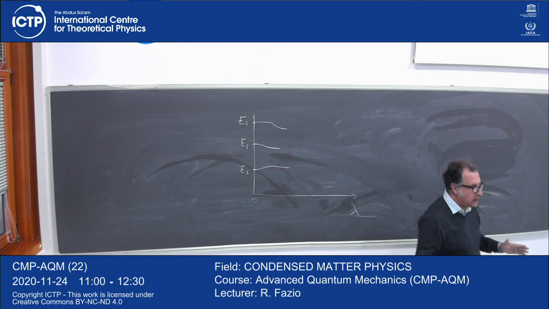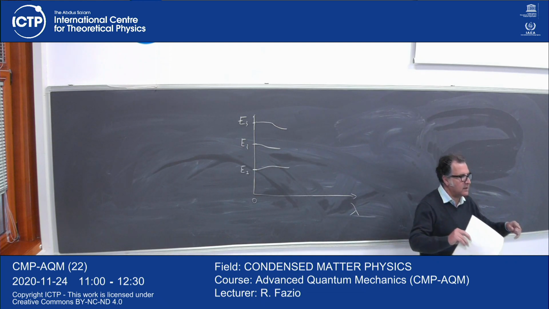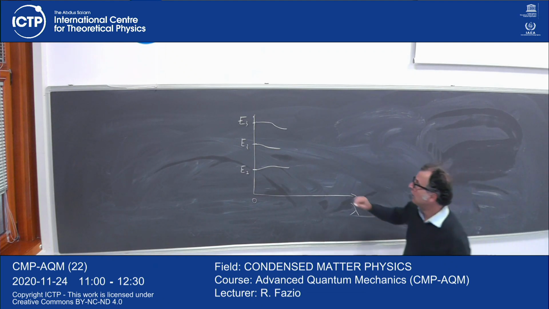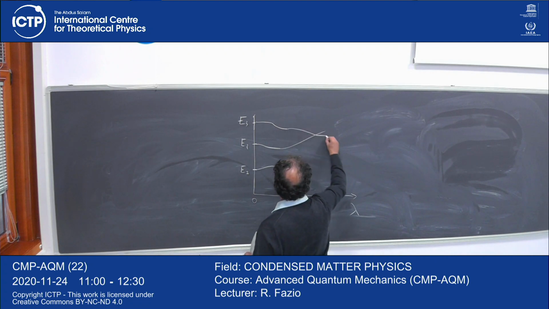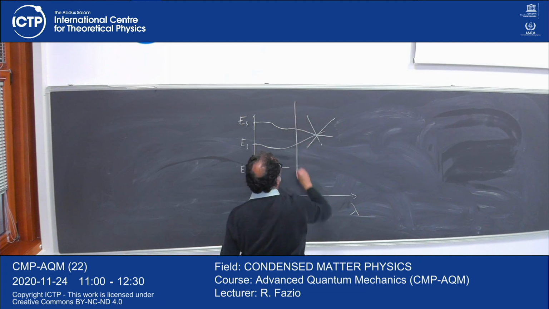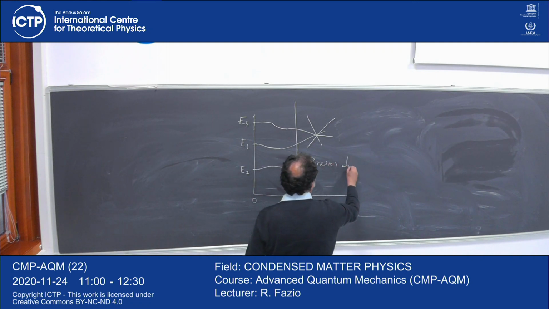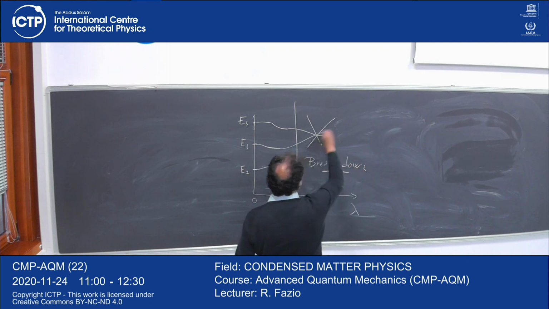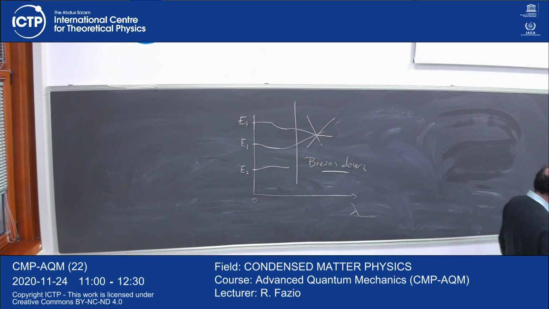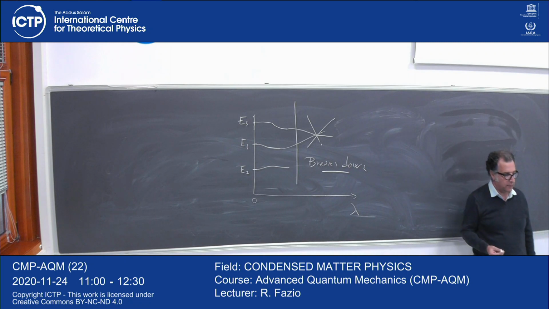So perturbation theory does not allow us to describe two levels which are crossing or changing position. Something like this is not possible. Perturbation theory breaks down here. This is not something you can describe with perturbation theory.